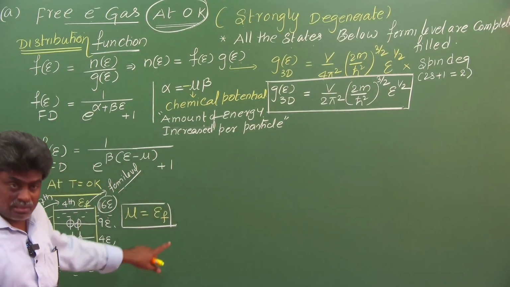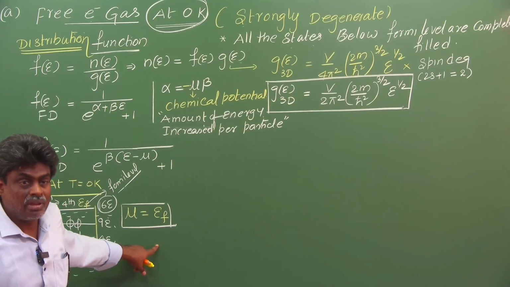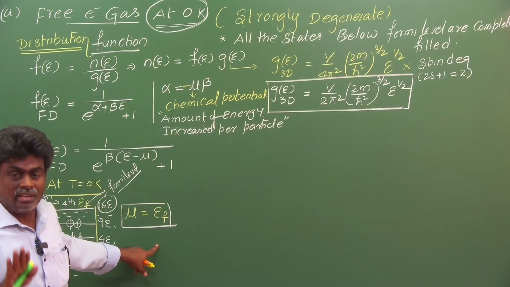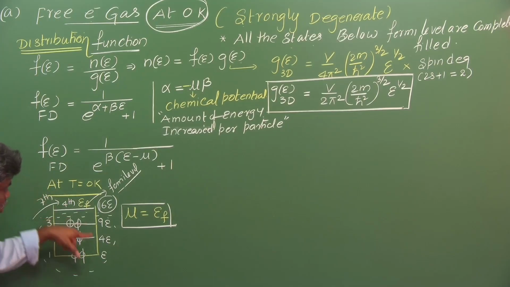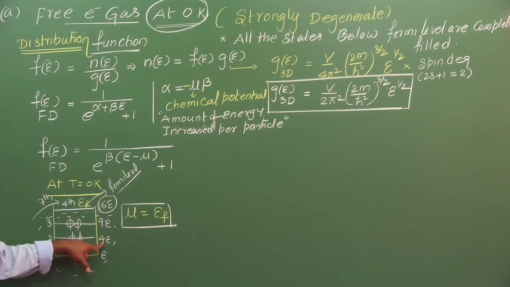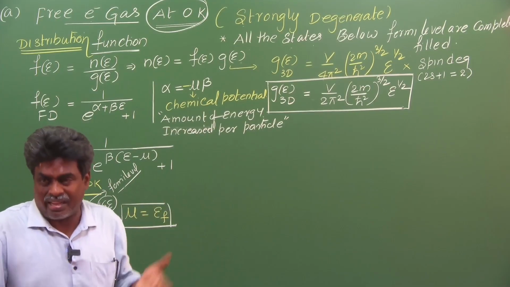But remember, this is only at 0 Kelvin, only when your system is strongly degenerate. In case any gap is there, the particle will go and occupy that level. Then how much energy increased? 4E. Wherever the particle sits, that is the extra energy added to the system.